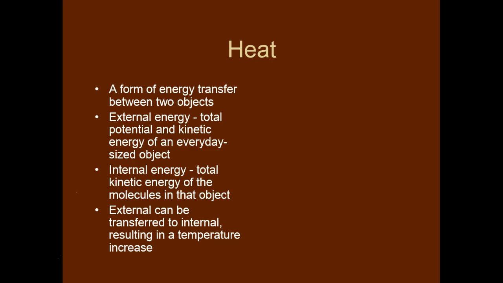I think it was water with a thermometer in it, and he turned on an electric motor with a paddle on it that stirred the water. That is changing its external potential and kinetic energy, and that change resulted in an increase in temperature because it increased the internal energy.